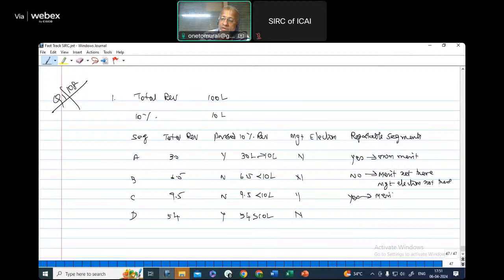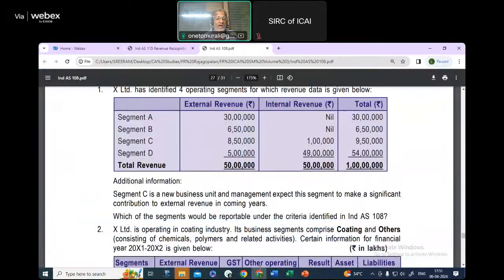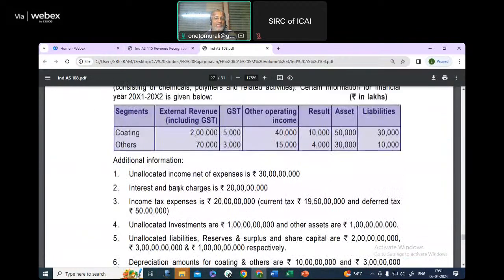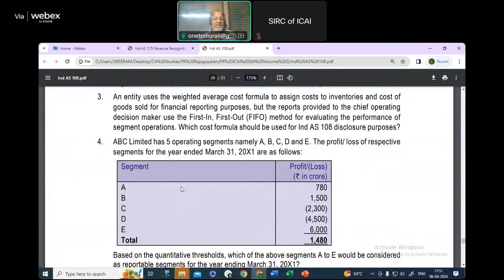Merit not there, management elected this. The next one is yes, on merit. Correct? So that's the way we are identifying. That's the way we can do it for other cases also.